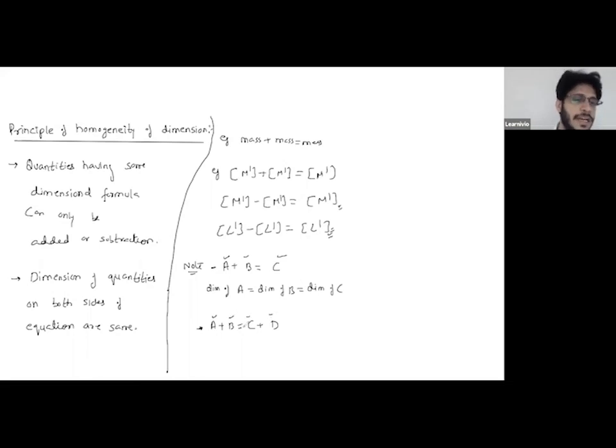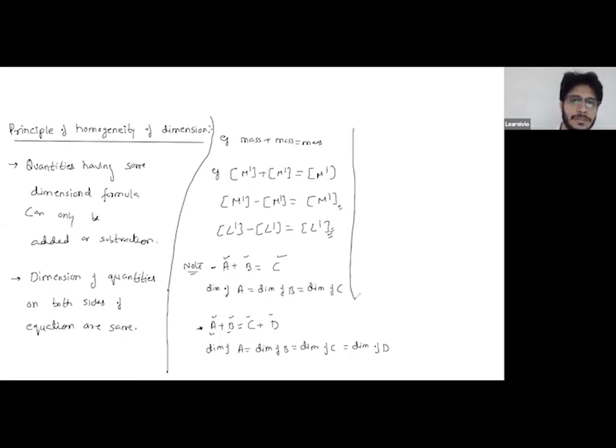A plus B is equal to C plus D. Yes, Janvi, we are adding A to B, so all their dimensions would be the same. So the dimensions of A would be equal to the dimensions of B, equal to the dimensions of C, which is equal to the dimensions of D. All A, B, C and D will have exactly the same dimensions.